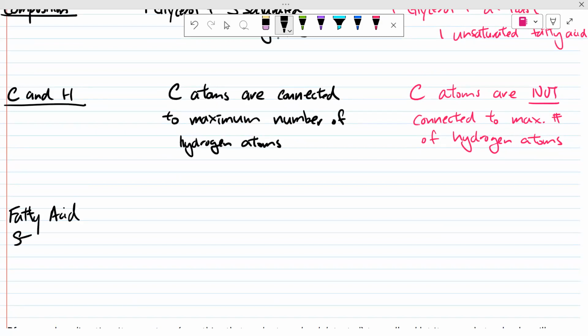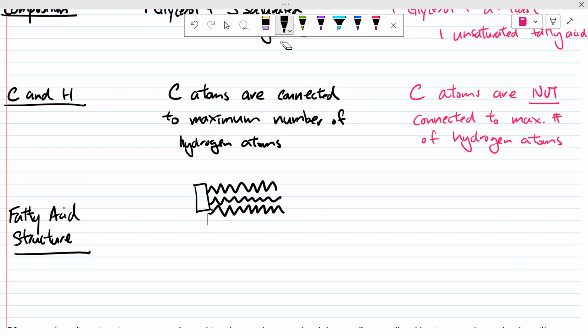Let's do fatty acid structure. So this one is straight, like zigzag, but straight. So no double bond. No kinks. There's no sharp turn.